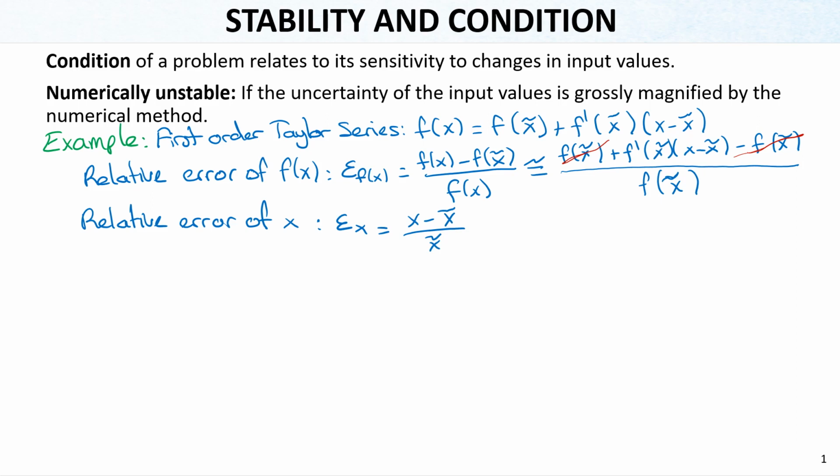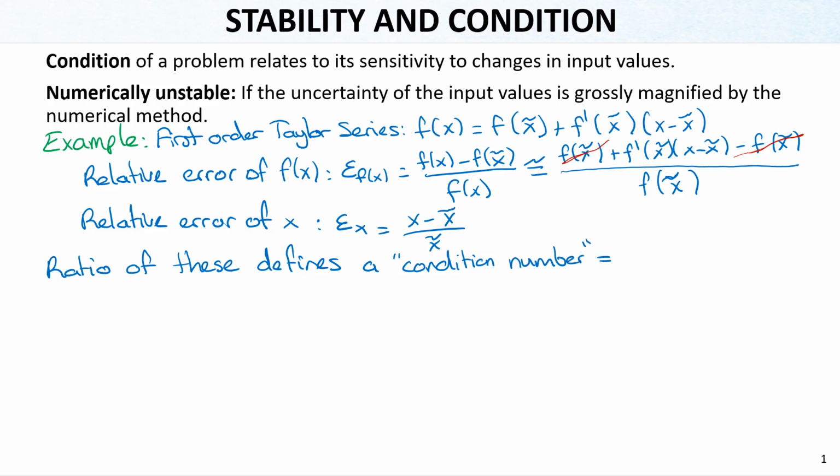And we will have a ratio of these two, and this defines a condition number, which gives us x tilde times the f derivative value over f(x).